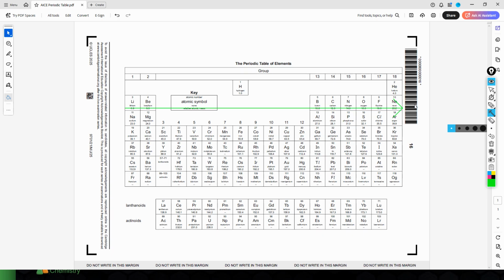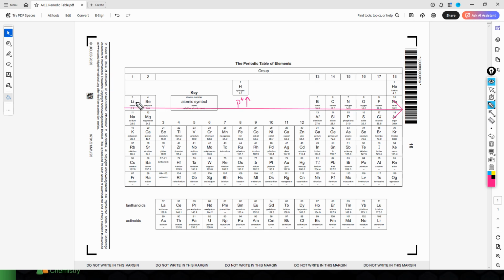As we go across this period, let me do it in a different color. So as we go across this period from lithium to neon, our proton number goes up as we go from left to right. And if our proton number goes up, so does the attraction of the electrons for that nucleus.